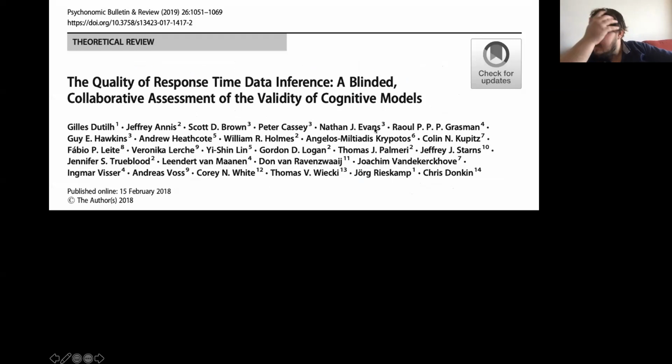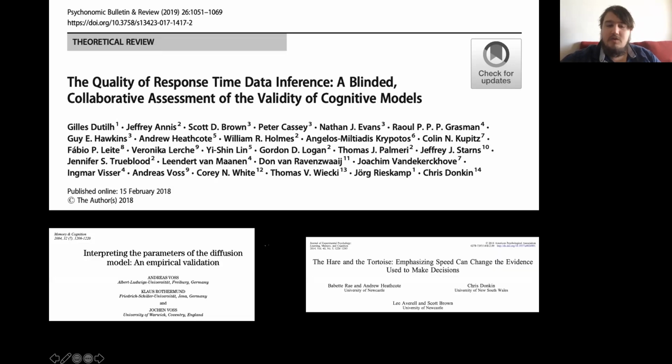Now, the key recent study of selective influence has been this Dutilh et al. study. Sorry, I just need to keep an eye on the time. Okay. It looked at a whole bunch of different selective influence manipulations. I think it's arguable how selective these manipulations were, and how correct the models were in identifying these manipulations.